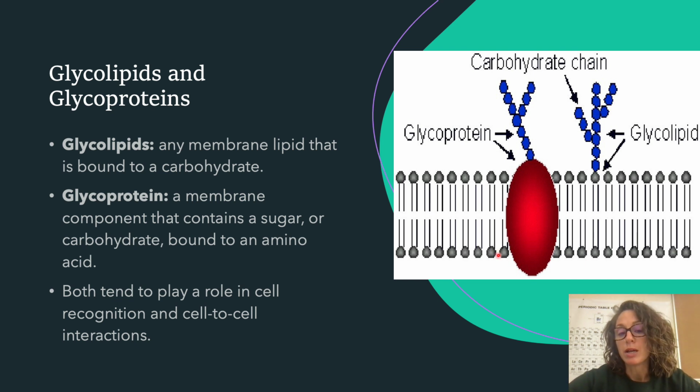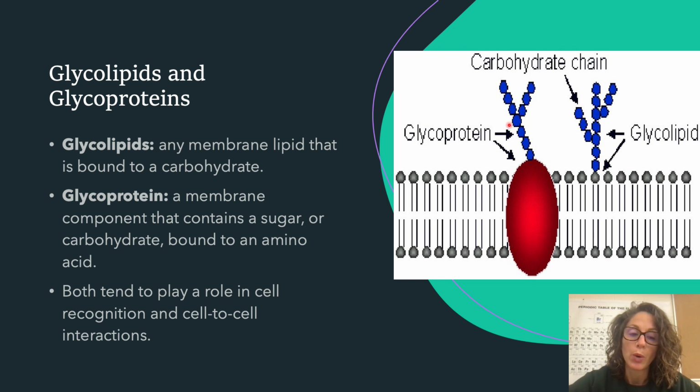The other one is a glycoprotein. Same sort of thing, where we have a protein embedded in the membrane, and it is bound to a carbohydrate. We have the glyco part, as in glycogen, as the representation of our carbohydrate, and then the protein. Both tend to play a role in cell recognition and cell-to-cell interaction, because this is typically outside of the cell.